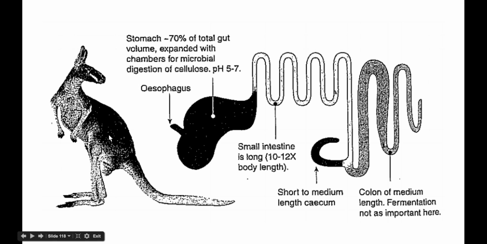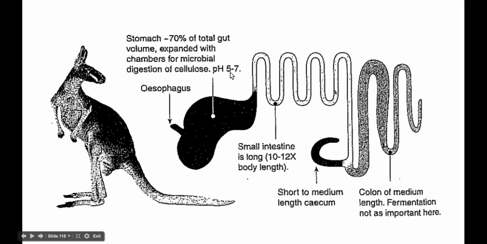Just like cows, our kangaroo has expanded chambers with microbial digestion of cellulose. There's bacteria that live within the different chambers of the kangaroo's stomach, and the pH is between 5 and 7. That's very different to humans, where the pH is usually around 3, so it's very acidic. In herbivores, it's not quite as acidic.